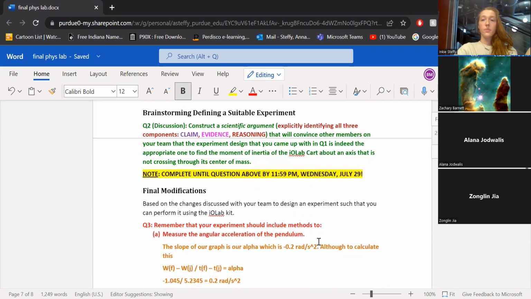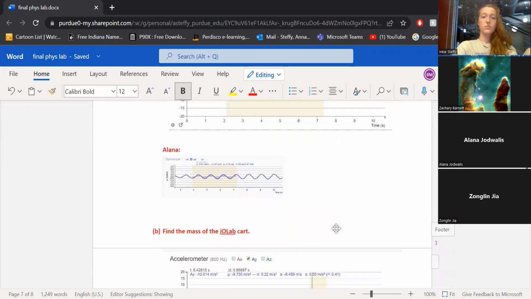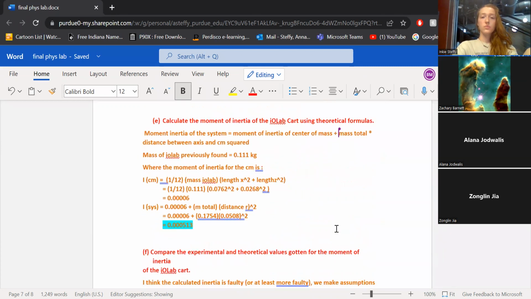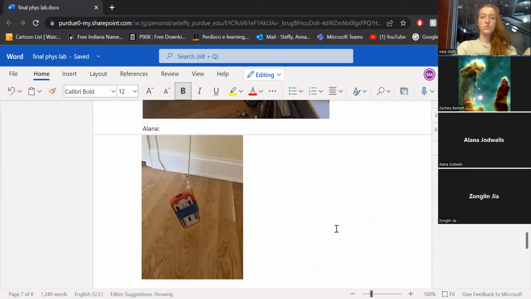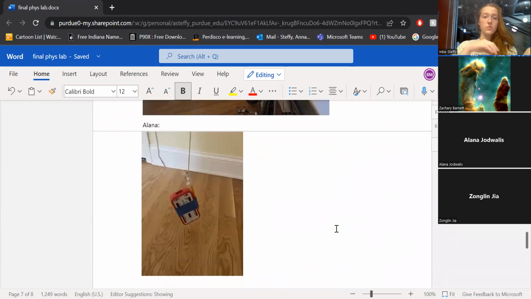I did something similar to yours, but for part A, one of the questions, I wasn't sure what point on the graph to use.